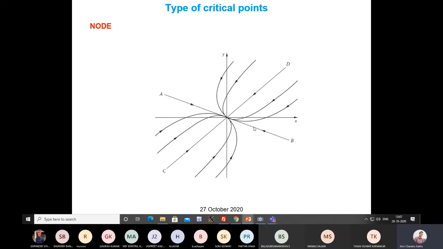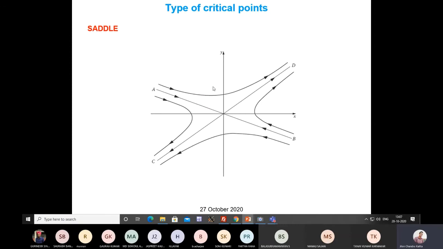So this is a node. And this is a saddle. Here you can see that this one and this one are converging, while all the others are diverging. So in this case, this 0 is called a saddle point.